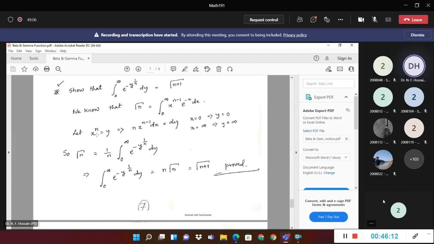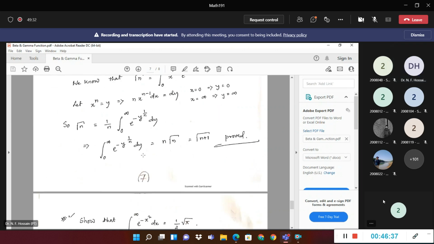And what will be the value of x? x should be equal to y to the power 1 by n. So this x to the power n minus 1 dx can be replaced by dy by n. So 1 over n remains outside. There is no change in the limit, 0 to infinity, and the value of x becomes y to the power 1 over n. So you are getting this expression.